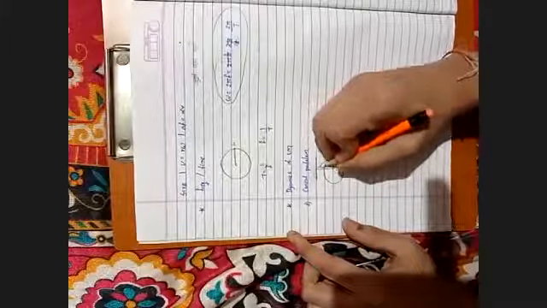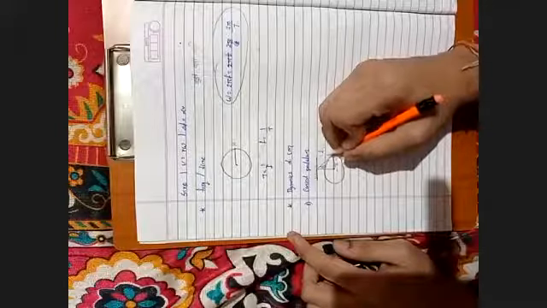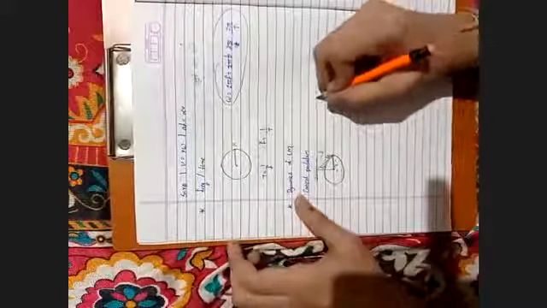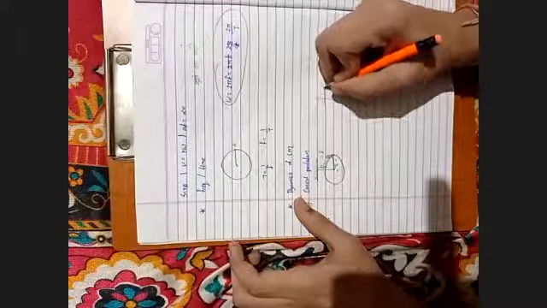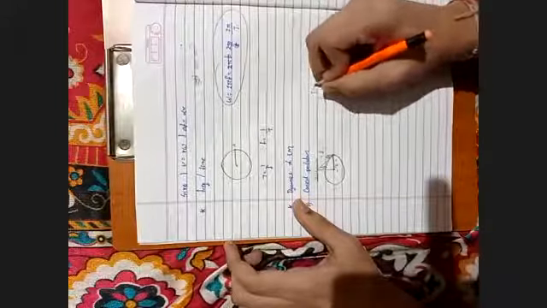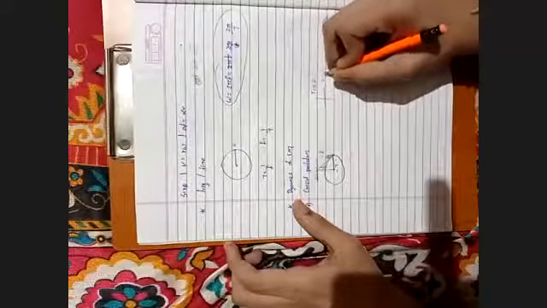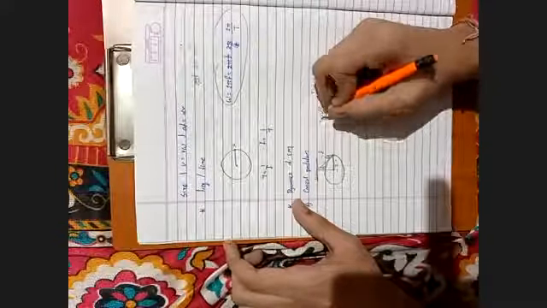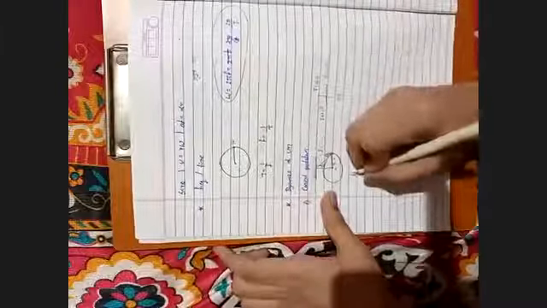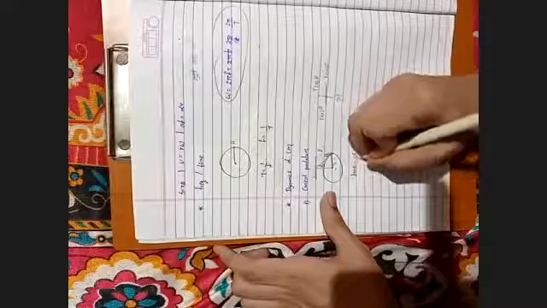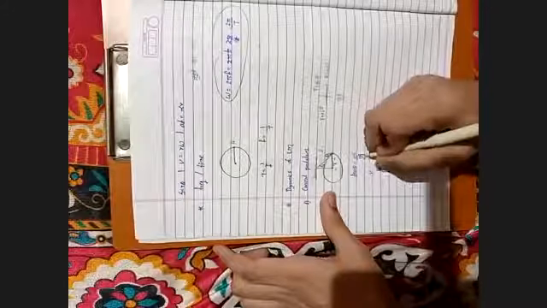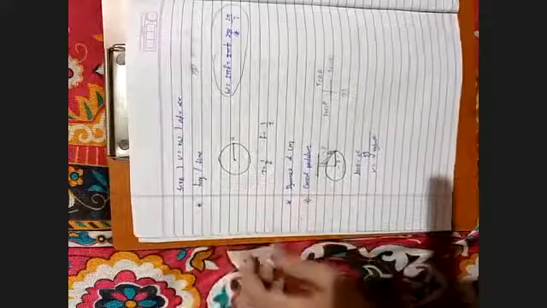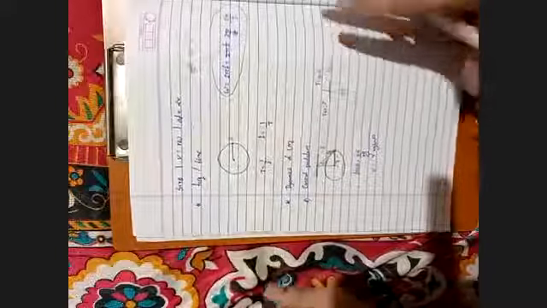This is L, this is theta, and geometrically this will be theta. So I'll be drawing a free body diagram for it. It is T cos theta, T sin theta, mg. So we'll be getting tan theta is equal to v square upon rg, and further we'll be getting v is equal to root of rg tan theta. So that's it for the conical pendulum.